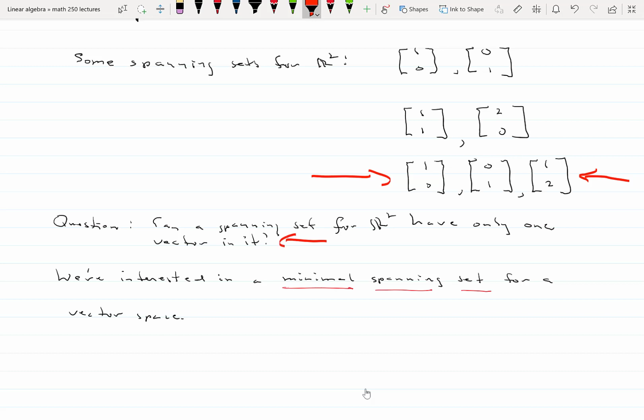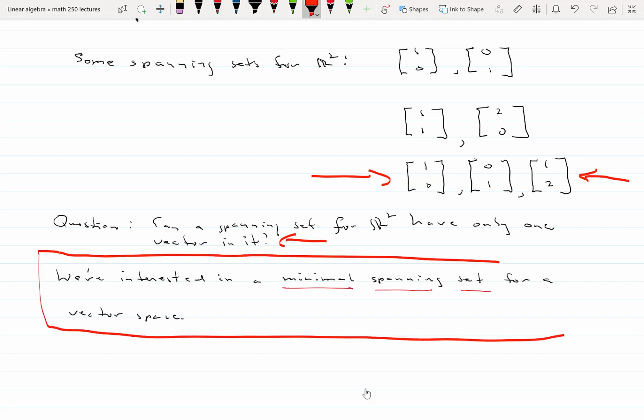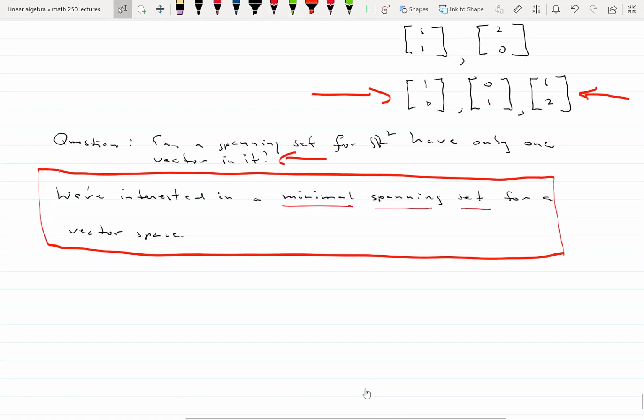Can we write any vector in R2 as a linear combination of only one vector? Well, the answer is no. But we don't have any theory to back that up. The primary purpose in this section is that we're interested in a minimal spanning set for a vector space, that is, a spanning set with as few vectors as possible, and the theory that goes along with those minimal spanning sets.